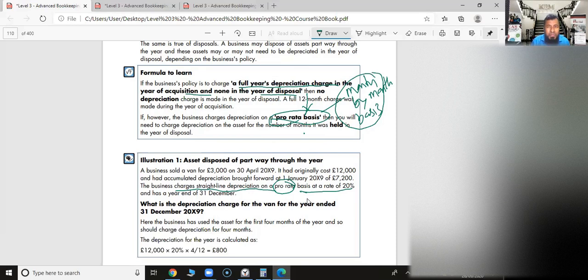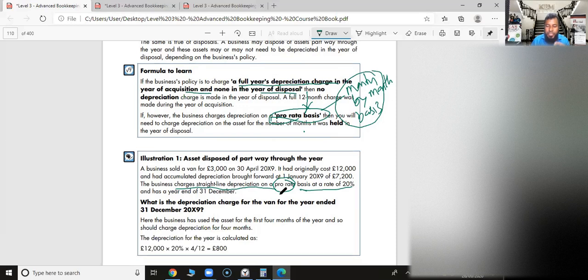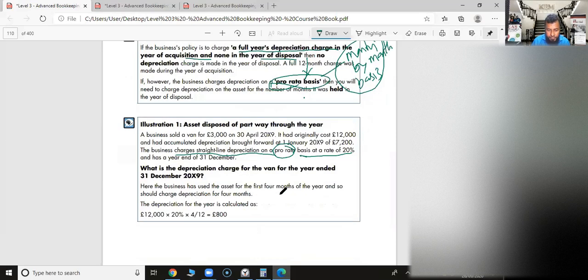Think about big companies, like in the airline industry, they're buying thousands of assets. Even Tesco, as a retail company, they're buying and selling thousands of assets. Why are they selling? It became older. They don't want to keep the older assets. So for those reasons, we use different accounting policies.